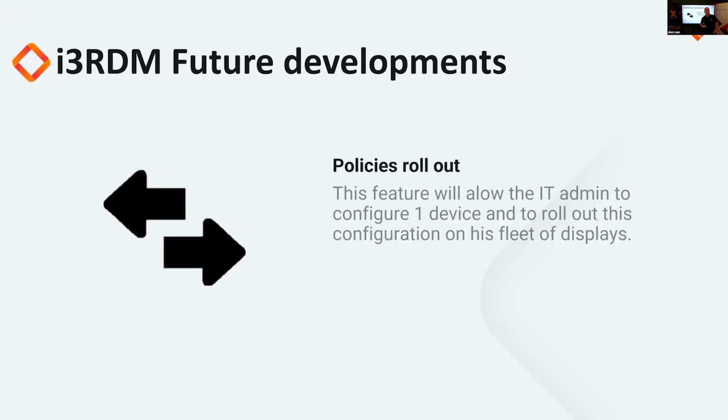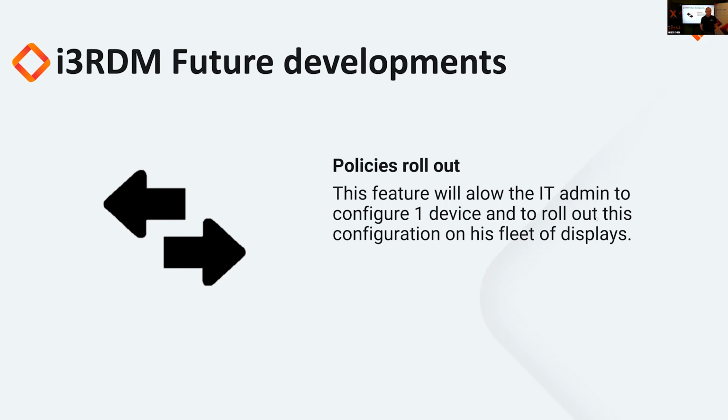The second improvement will be the policies rollout. So this feature will allow IT admin to configure one device. So when you have new devices that have been installed in your building, you configure one device, and then you can copy all the settings of this device and roll out over the other 49 devices.